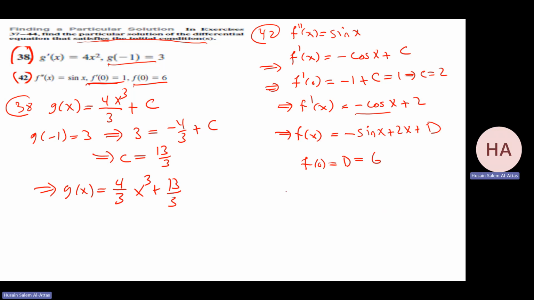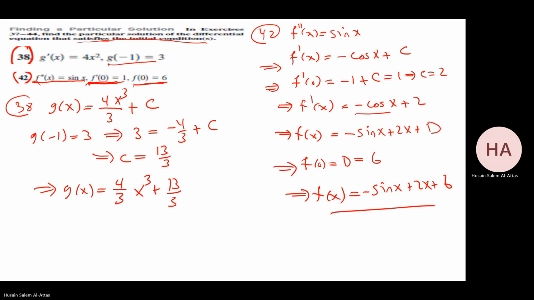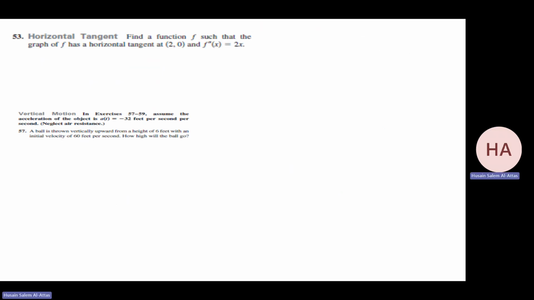So my function will be minus sine x plus 2x plus 6, which satisfies both this differential equation and the initial conditions. Okay, find the function f.